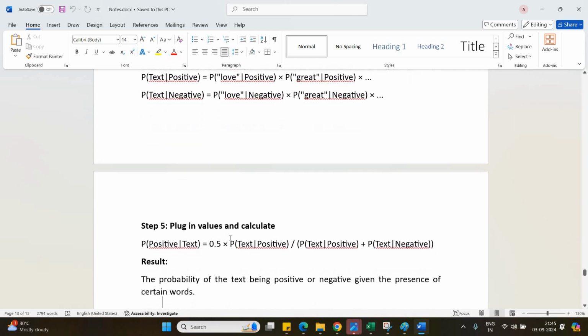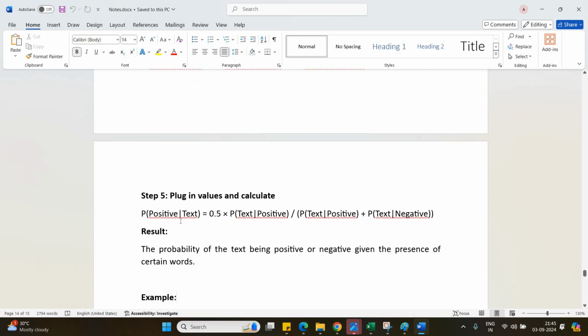Right, now we have to plug in the values. You have to find out whether the text is available, then whether the sentiment is positive when the particular text is available, right?